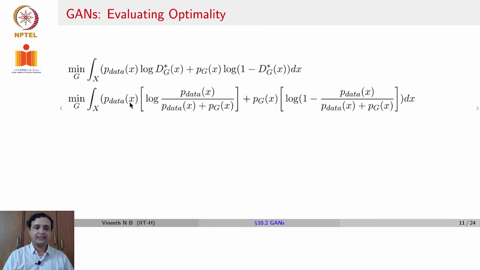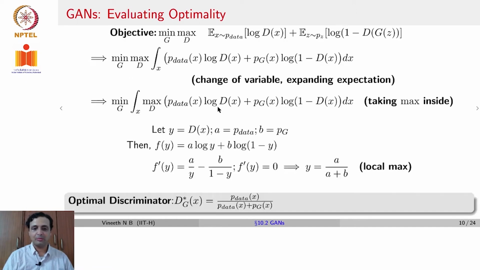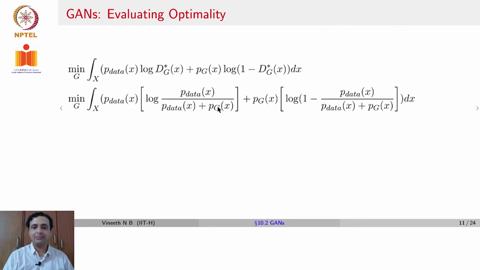This can now be written by replacing the optimal discriminator with p data of x by p data of x plus p g of x, which we got from the previous slide. We also replace it in the second term.